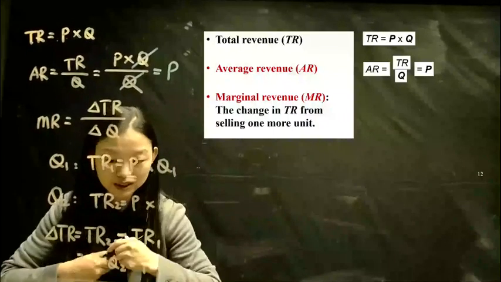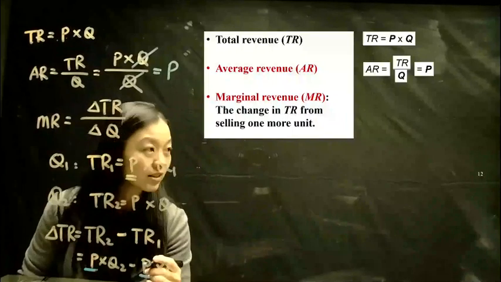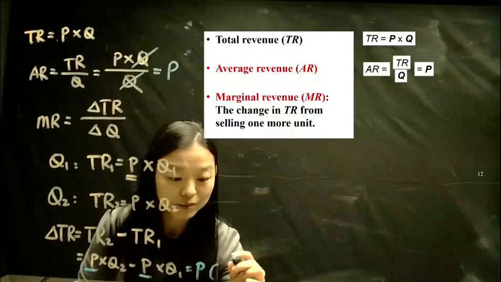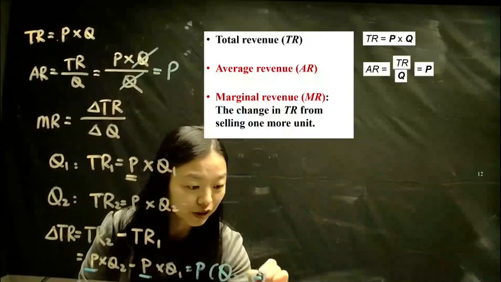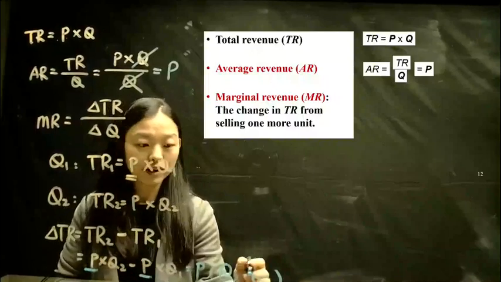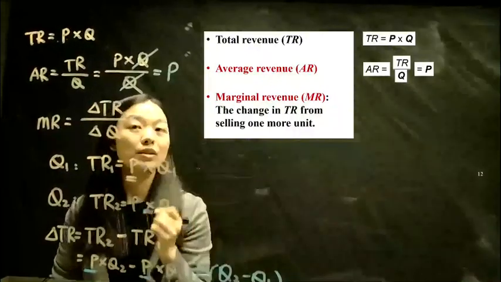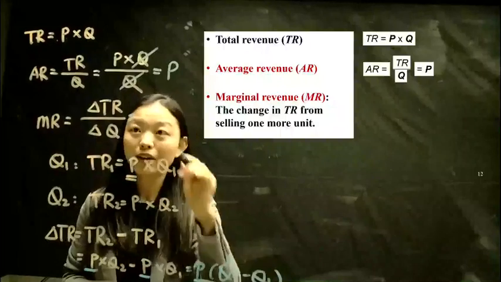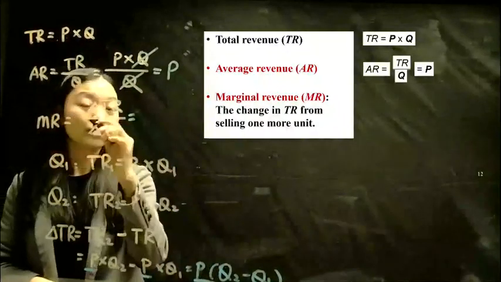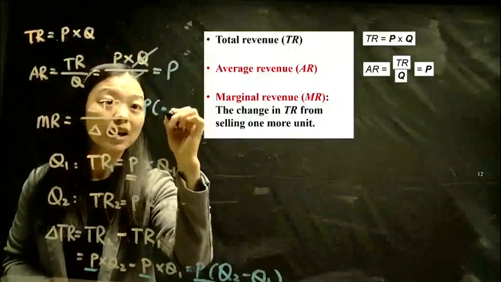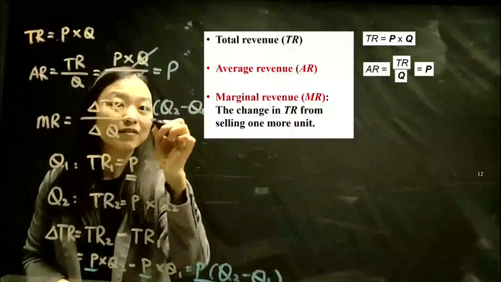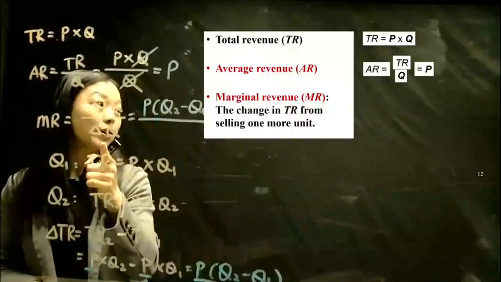Here we have P and P, right? This is the common factor. We can just leave it out. So we have P times (Q2 subtract Q1), right? And then what we can do is put this back into our marginal revenue formula. We have price times (Q2 subtract Q1), right? And then divide by the change in output.